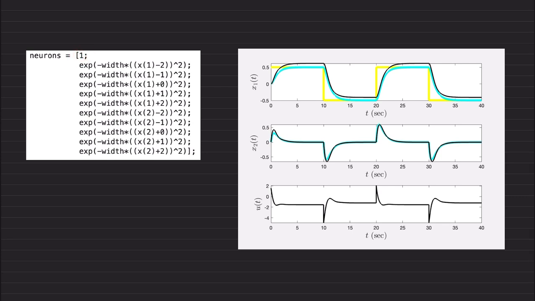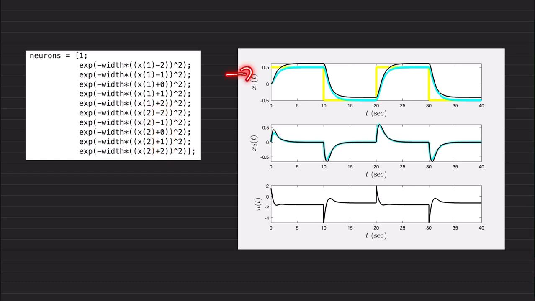We then increased the number of neurons so that performance gets better. So basically we choose our standard radial basis function. We are trying to cover the area x1 from -2 to 2 and x2 from -2 to 2. That's why we placed the centers. We used 5 centers from -2 to +2, and the same for the second state.